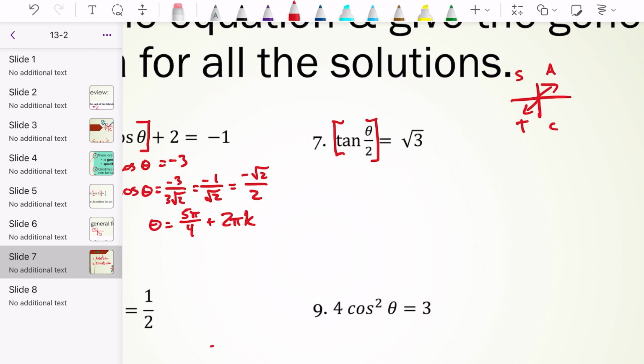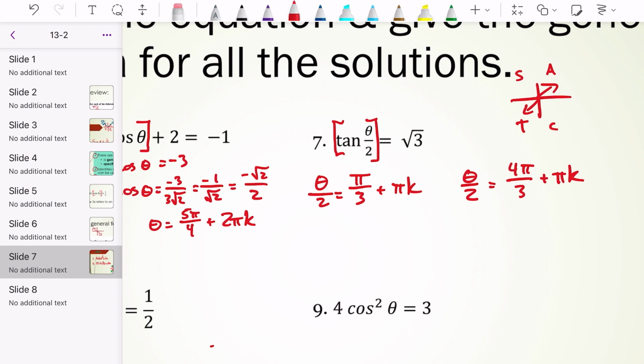In this case, we're looking at pi over 3. So theta over 2 is equal to pi over 3 plus pi k, and theta over 2 is equal to 4 pi over 3 plus pi k.